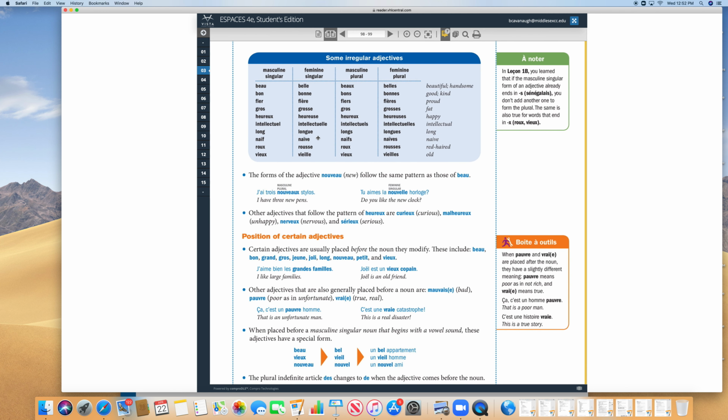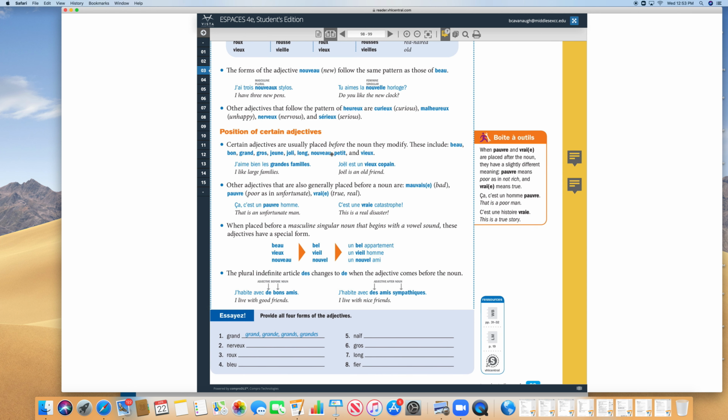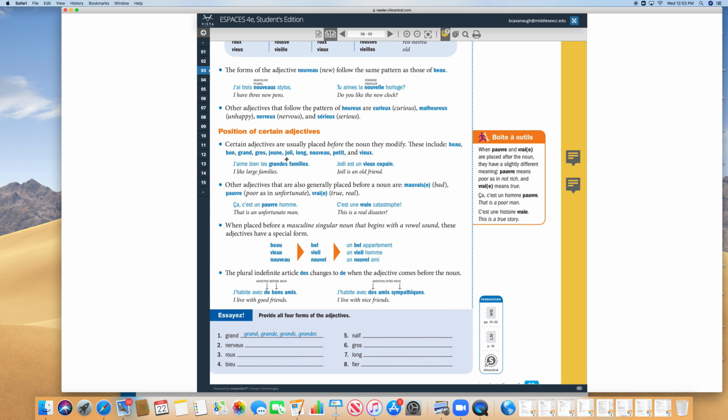Some come before the noun, and these are common. Beau, bon, grand. Look, j'aime bien les grandes familles. These come before. Joël est un vieux copain. Vieux, it's coming before, you see? They're exceptions. How are you going to remember them?